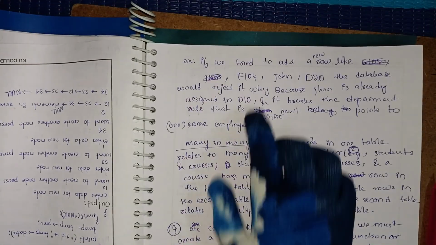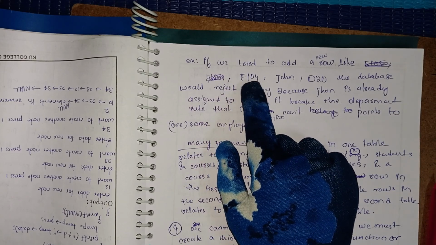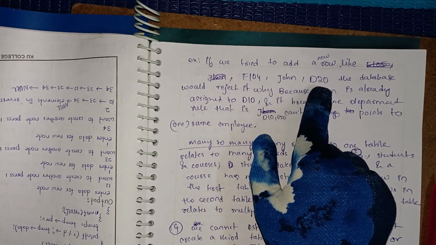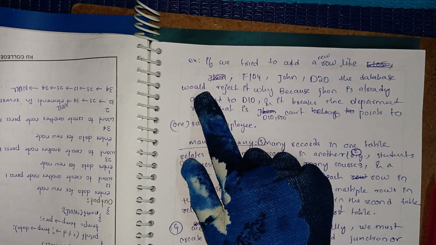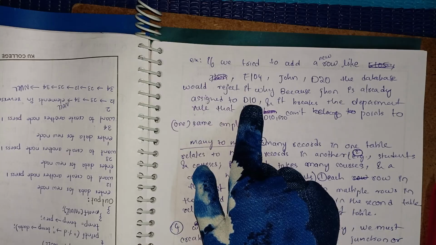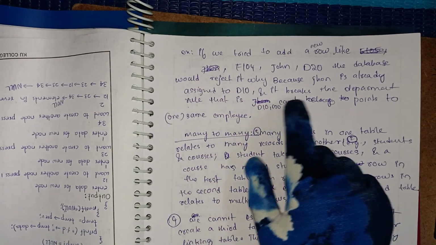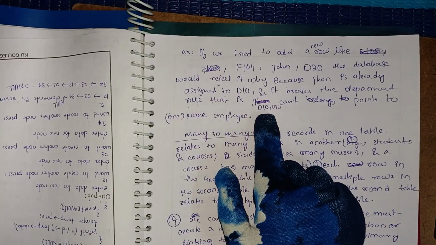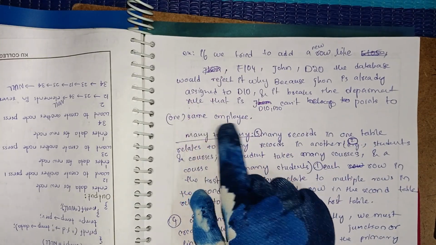So, if we try to add a new row like E104 John D20, the database would reject it. Why? Because John is already assigned to D10, and it breaks the rule: D10 and D20 can't point to the same employee.